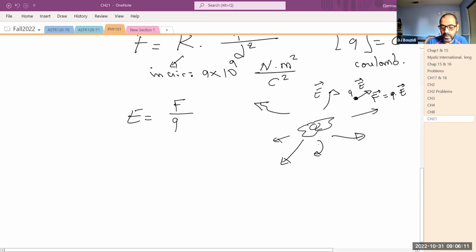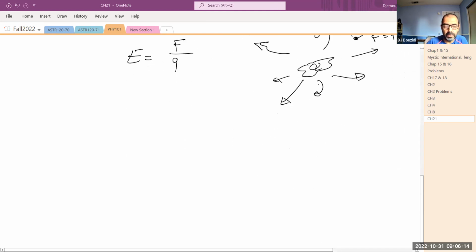In the same token, we introduced the concept of the electric potential, which is denoted by U. I should be more specific: electric potential.